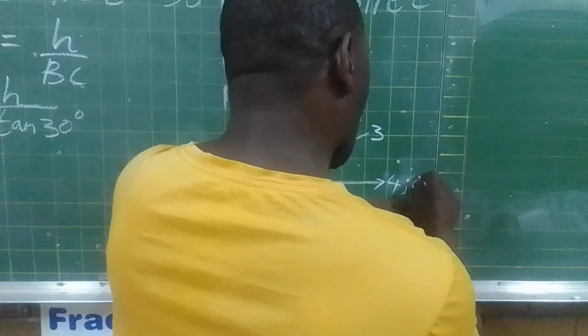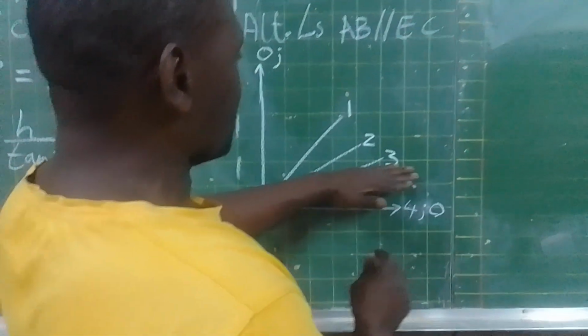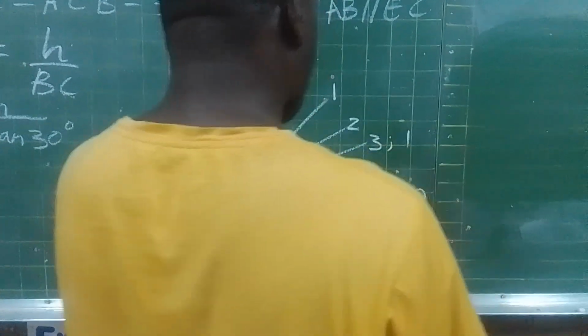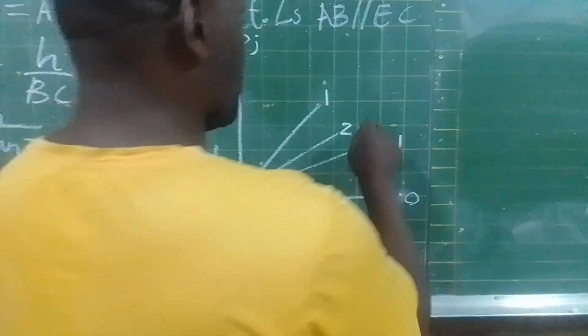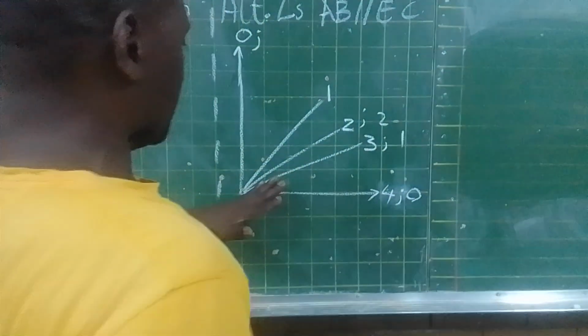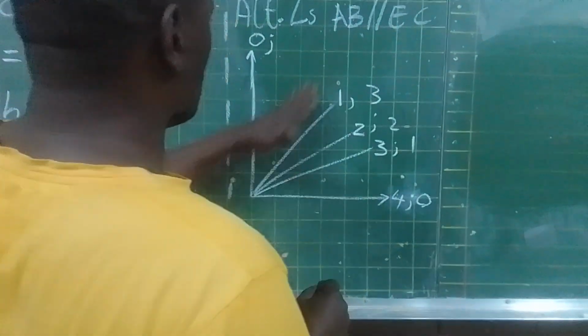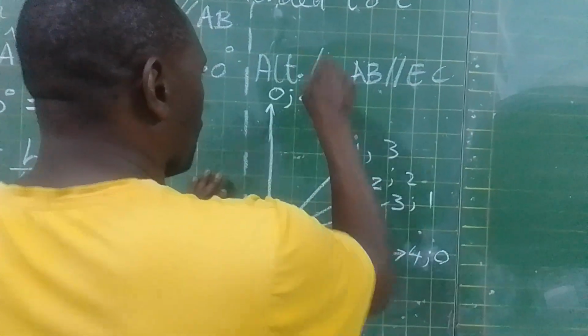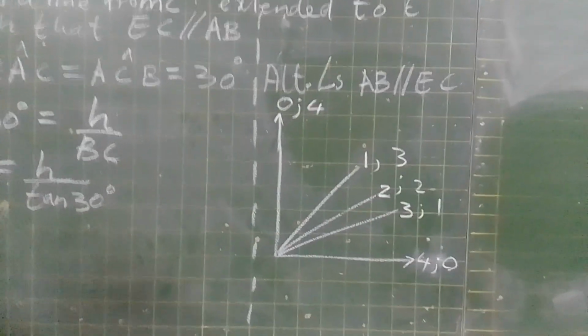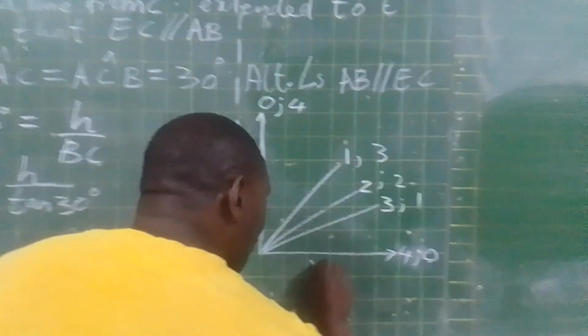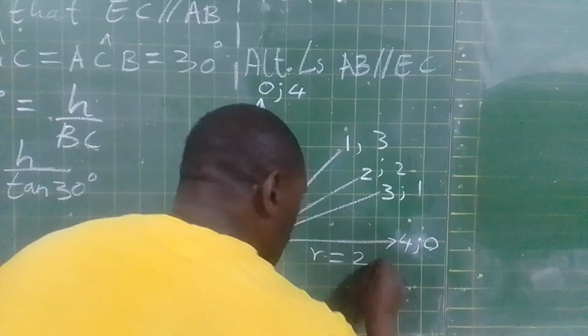From 0, the next y is 1, the next y is 2, the next is 3, and the next is 4. Then our r is 2.